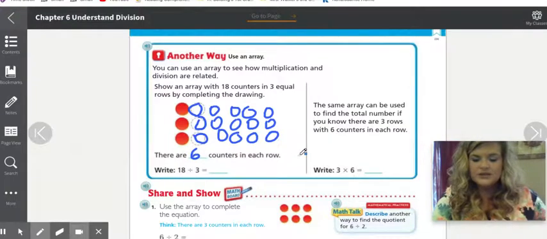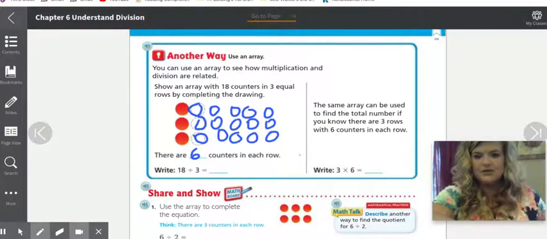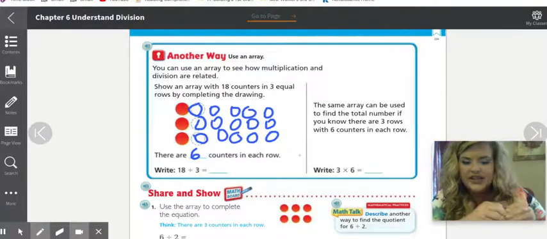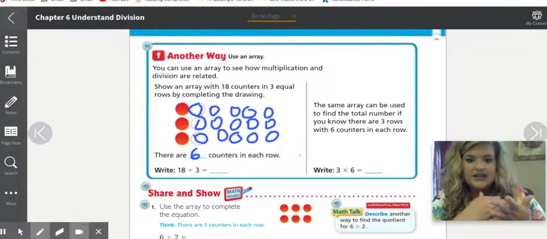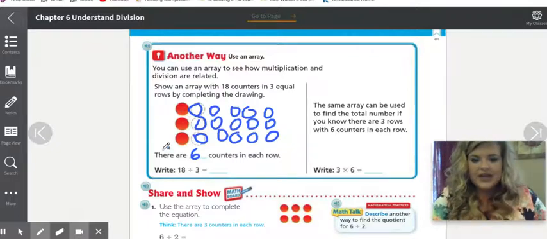And you always want to go back and make sure that you only put the same number in each row. I shouldn't have 7 in the first row and then 5 in the second row. It needs to be the same because it has to be equal groups, so it needs to be equal rows as well. So that tells me that 18 divided by 3 for those 3 rows is 6.